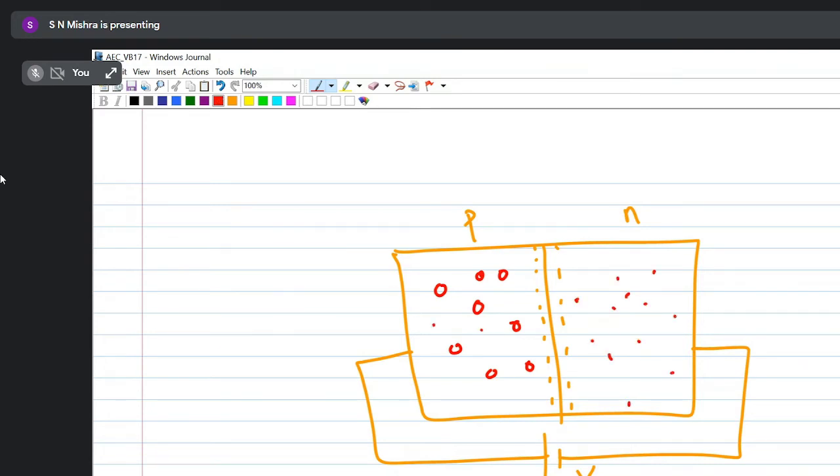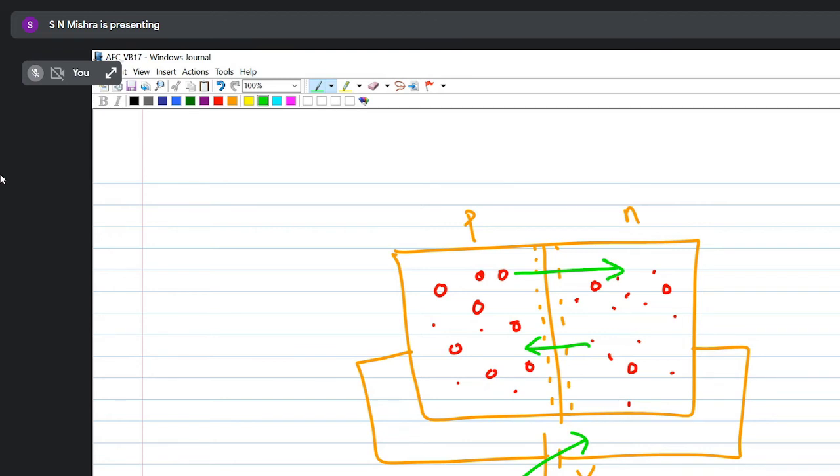Similarly, electrons in the P side are minority carrier, and here holes are minority carrier. What have we studied? When we increase the forward bias after the depletion region erases, at the threshold voltage, then holes will move from here to here and electrons will move from here to here. Yes or no?